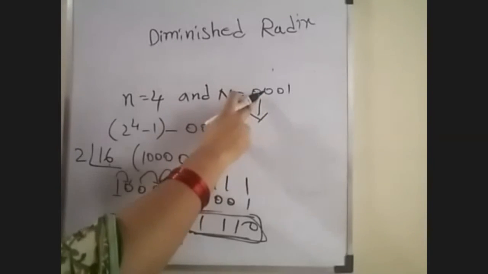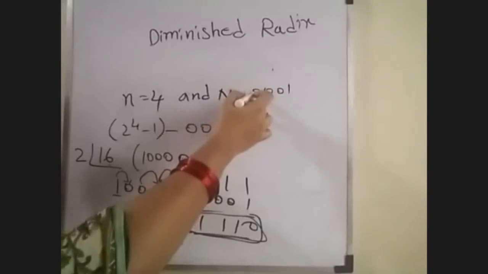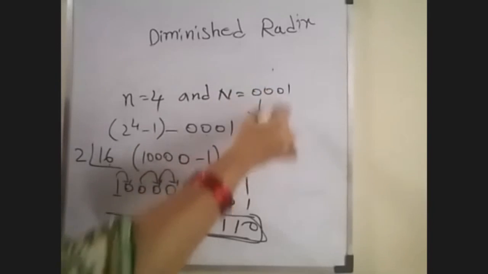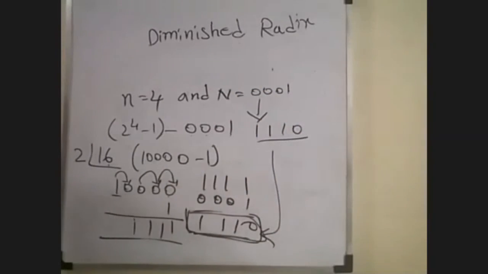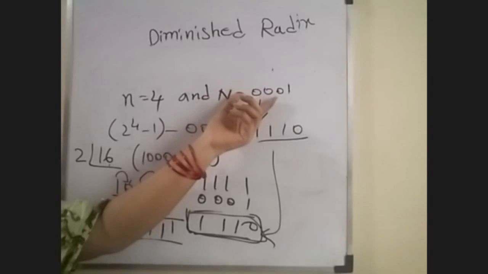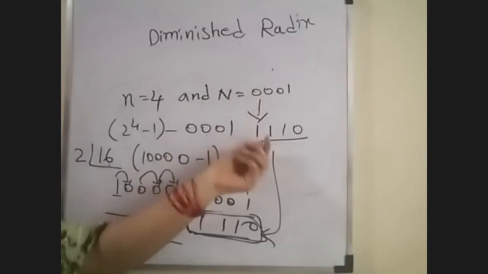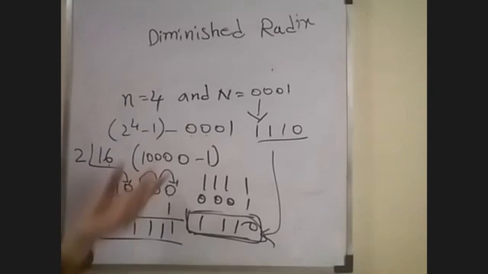So 0 means 1, 1110. Does the value match? Yes. This is the shortcut technique.